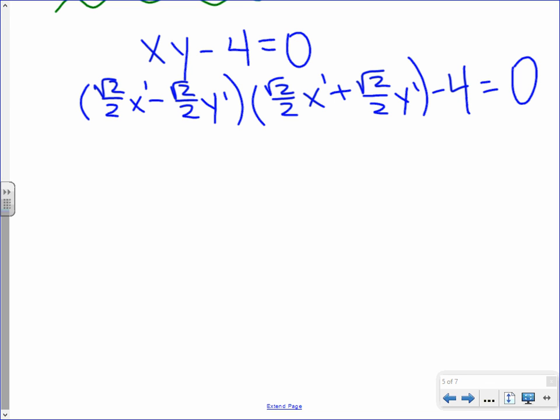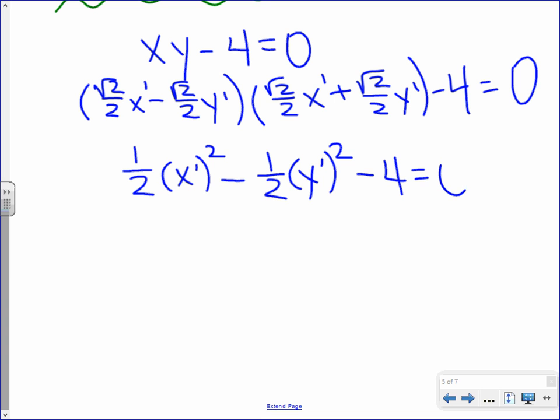What is radical 2 over 2 times radical 2 over 2? 1/2. So we have 1/2 x prime squared minus 1/2 y prime squared minus 4 equals 0.